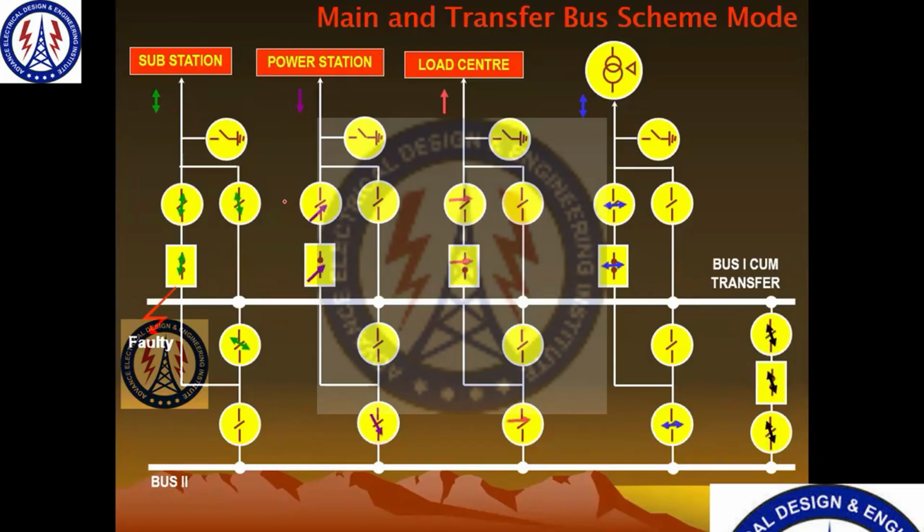Okay. So as I told you, suppose a fault occurs here, then what will happen? This fault current will flow this way. It will come here. This feeder is not connected here, so there is no power up to this point. The fault current will flow, but already it is disconnected, so no interruption. Here also it is disconnected, so no interruption to the system.